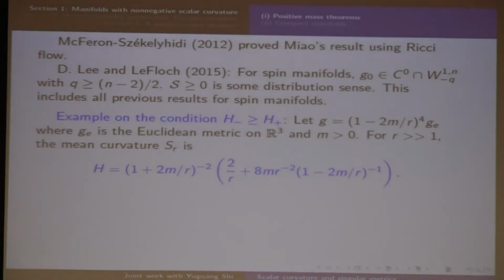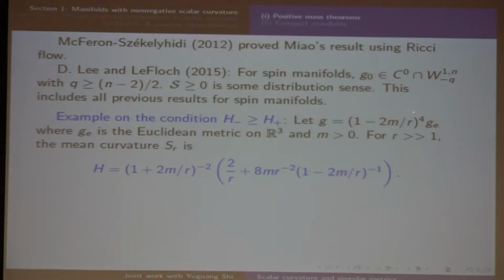Okay, so let us go back and take a look at this condition. You look at the metric on Euclidean space. This is the Euclidean metric. You take a conformal factor where M is positive. Of course, this metric is only defined for r big enough, r bigger than 2M.